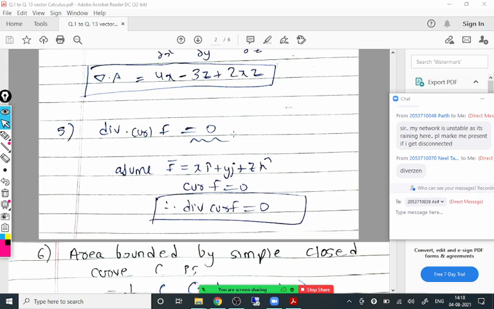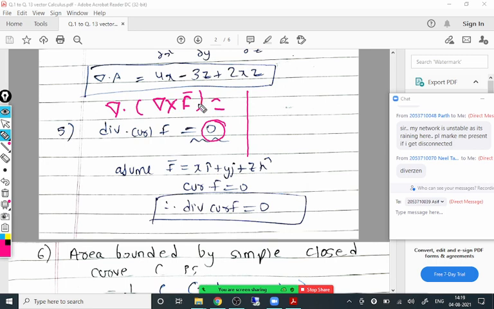So mathematically, the question asked is divergence of curl, meaning del dot del cross f bar, no? Del dot del cross f bar, and yes, the answer is 0, correct. You can take a simple logic. This is a dot b cross c. What is a dot b cross c? Yes, anyone?